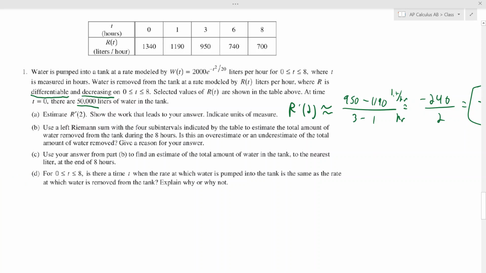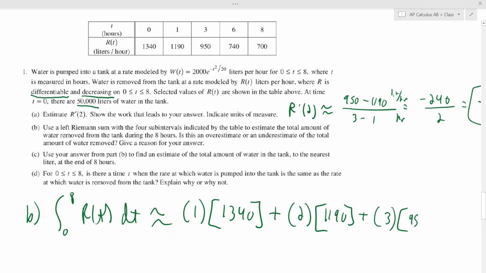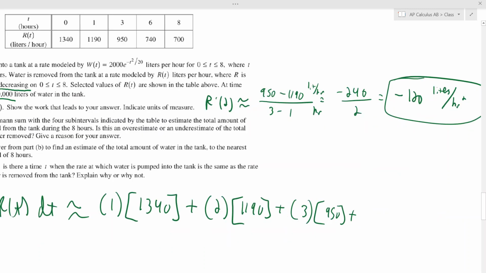So that's just the integral from 0 to 8 of R of t dt, and that's approximately, using a left-hand Riemann sum, 1 times 1340, plus the next interval from 1 to 3, a base of 2 times a height of 1190 on the left, plus from 3 to 6, a base of 3 with a height of 950, plus a base of 2 with a height of 740.